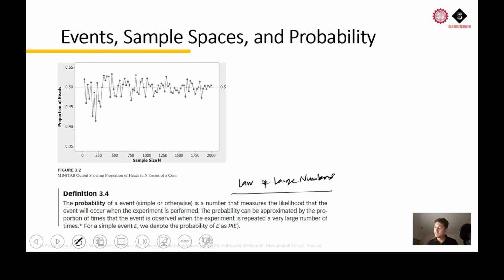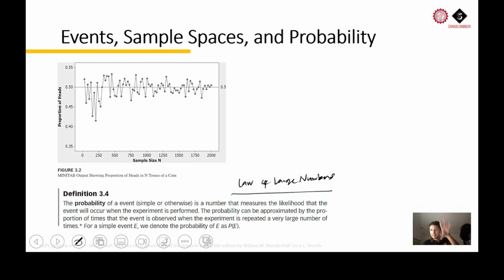Right? So, for example, here in figure 3.2, this is an actual experiment. We have the sample size n on the x-axis and the proportion of heads on the y-axis. So at first, with 250 samples, you can see that the proportion of heads does not stabilize at 0.5.